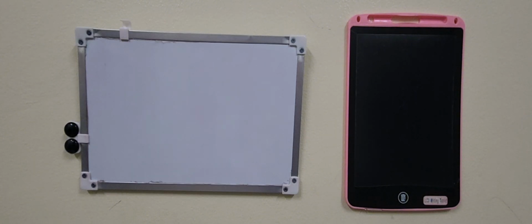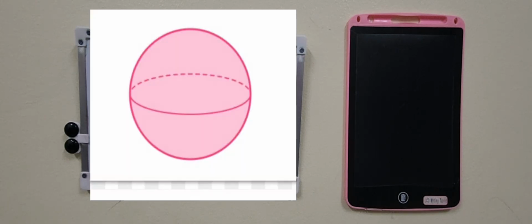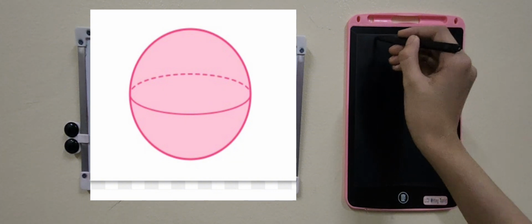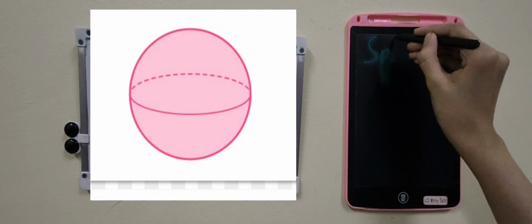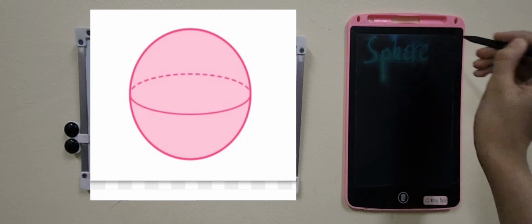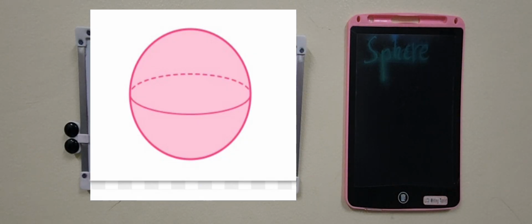So now we're going to be moving on. A sphere. A sphere is a 3D shape for the 2D shape, which is circle. Over here we have a sphere, which is a completely curved surface, and it only has one face, which is all the way curved, just like one side of a circle, and it has no edges or vertices.